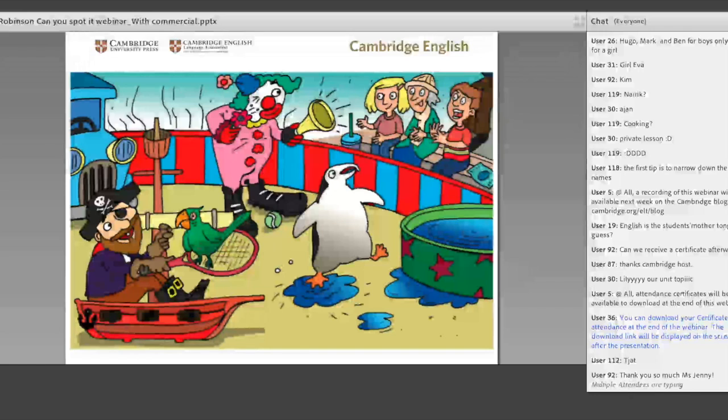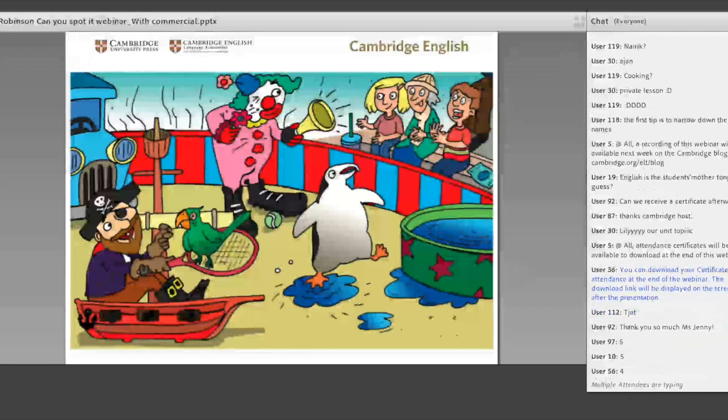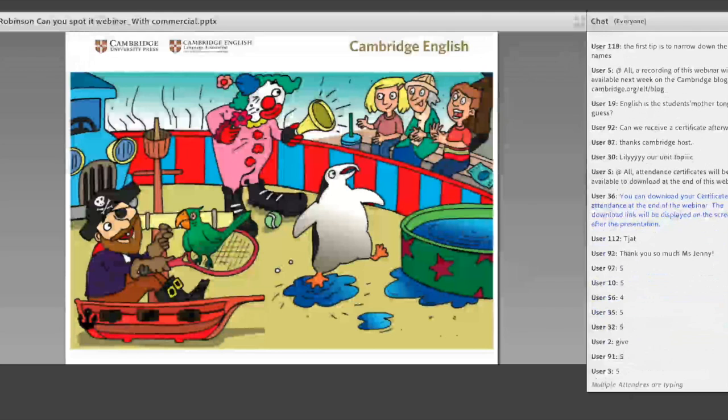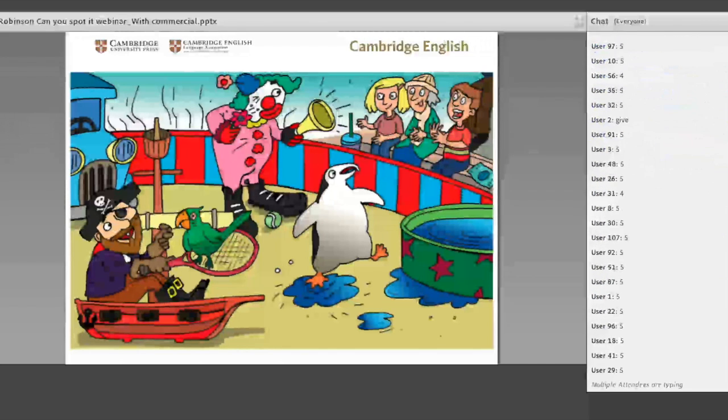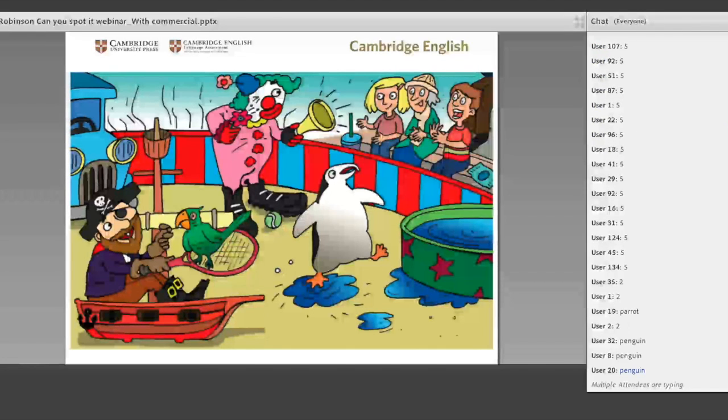How many people are in this picture? This time we've got 5. And we've got some animals like we had in the first picture too. Which animals have we got here?